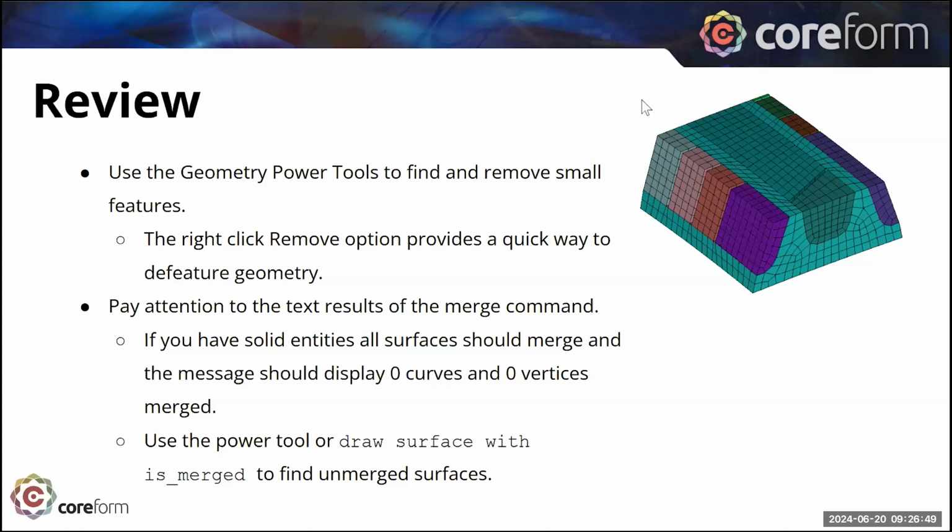If you have solid entities, all surfaces should merge, and you should have 0 curves and 0 vertices merged. You can use the power tool to show you the results of surface overlaps, or you can use that draw surface with is merged to find unmerged surfaces.